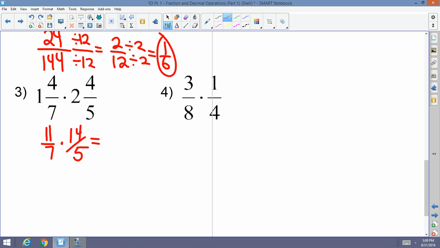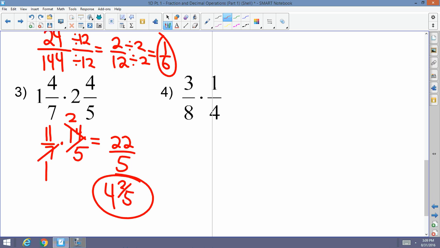So now 7 goes into 7 one time, 7 goes into 14 2 times. 11 times 2 is 22. 1 times 5 is 5. And I have to turn this into a simplified mixed number. 5 goes into 22 4 times with 2/5 remaining. And that is my simplified mixed number answer.